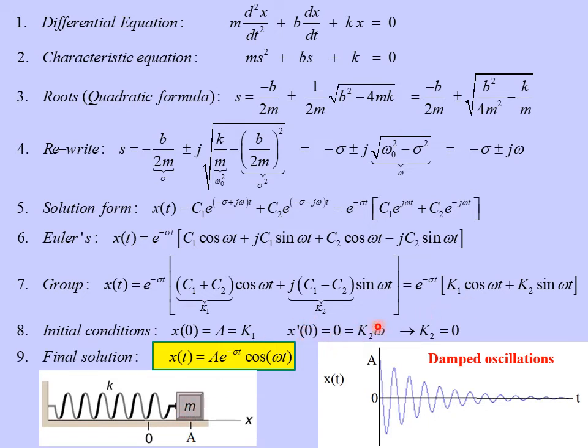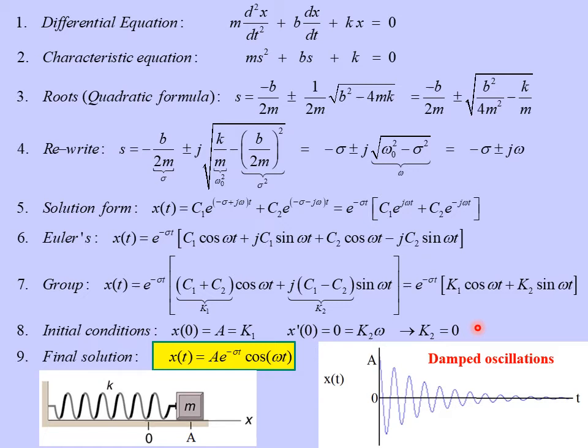And when you plug that in, you'll have to take some derivatives here because velocity is the derivative of position. But when you do that, you'll find out that K2 has to be equal to 0. I know I went over those steps pretty quickly, but I'm hoping that's something you've done in the past, how to apply initial conditions to find those coefficients.